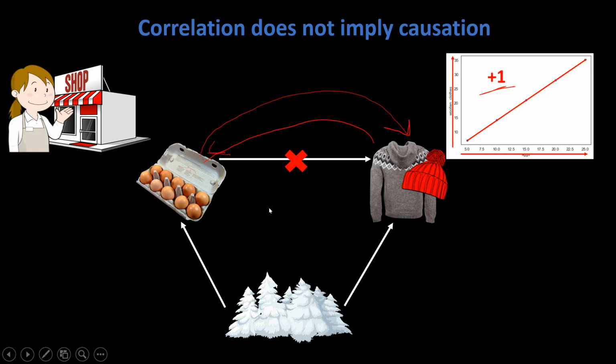In some other scenarios, it could be that winter is not what is causing the increase in both. I would highly encourage you to look around yourself and find some examples where two variables are correlated, but one is not causing the movement in the other variable.